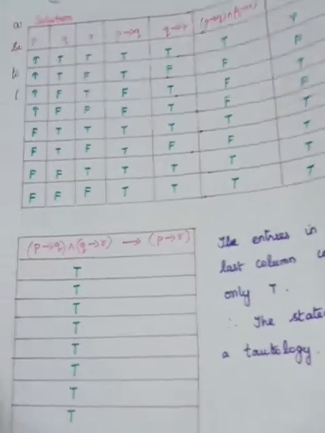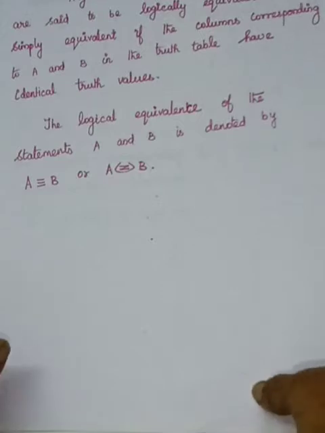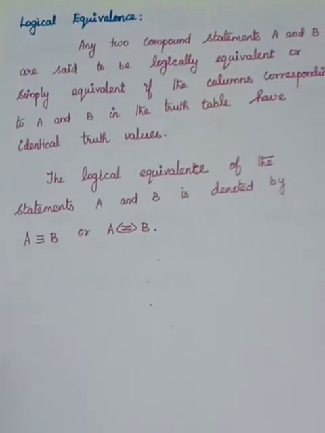Okay, so coming to the next topic, what is it? Logical equivalence. Any two compound statements A and B are said to be logically equivalent, or simply equivalent, if the columns corresponding to A and B in the truth table have identical truth values.